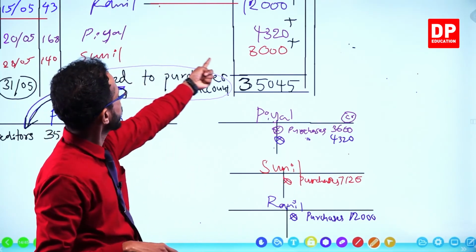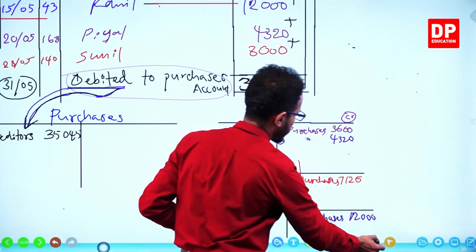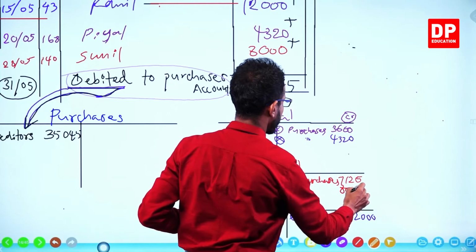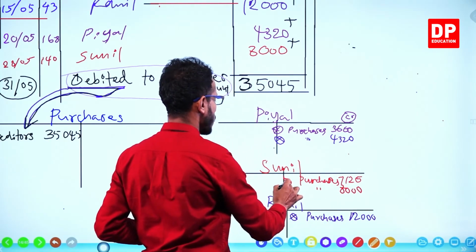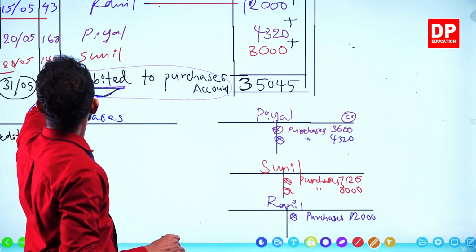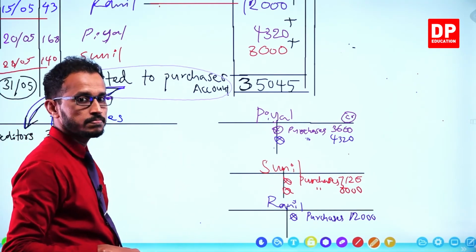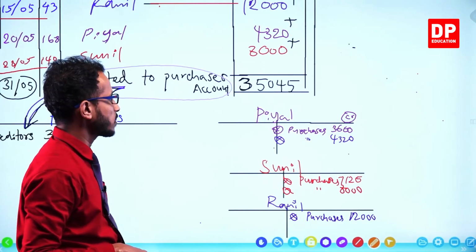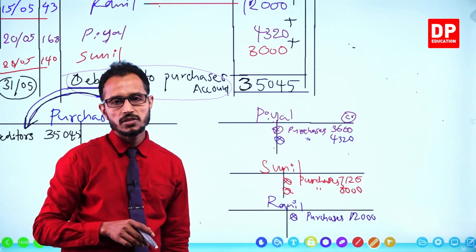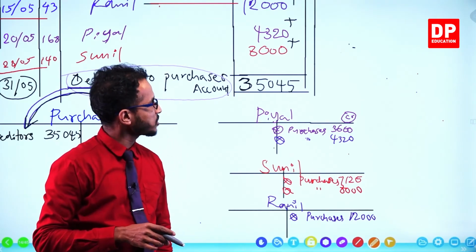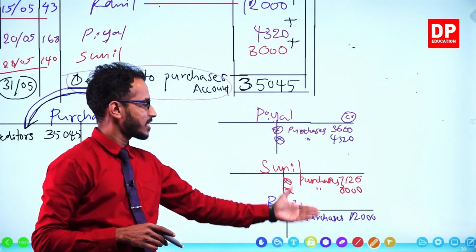Finally, Sunil 8,000 again, here. Same description, purchases with the date. So this is about the purchases journal and the way you transfer this information into the relevant ledger accounts.